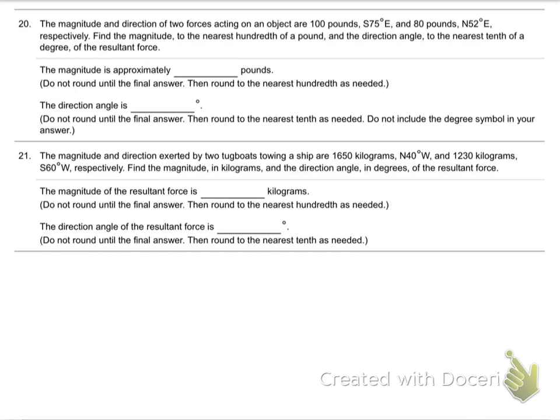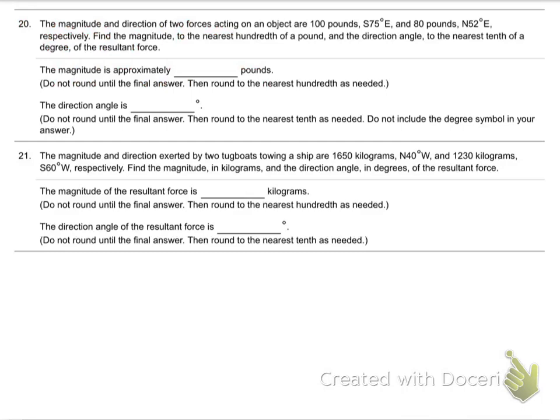It's between magnitude and direction, two tugboats. Find the magnitude. Same thing. All right, these are good problems to do. So, number 20. So I'm going to write out 100 pounds south, 75 east.